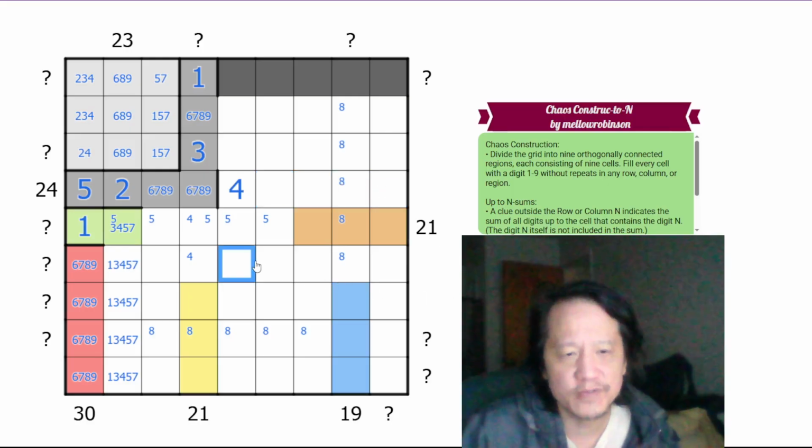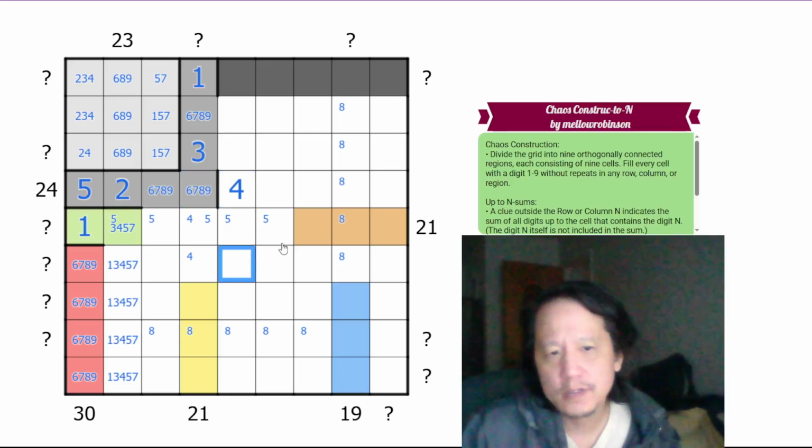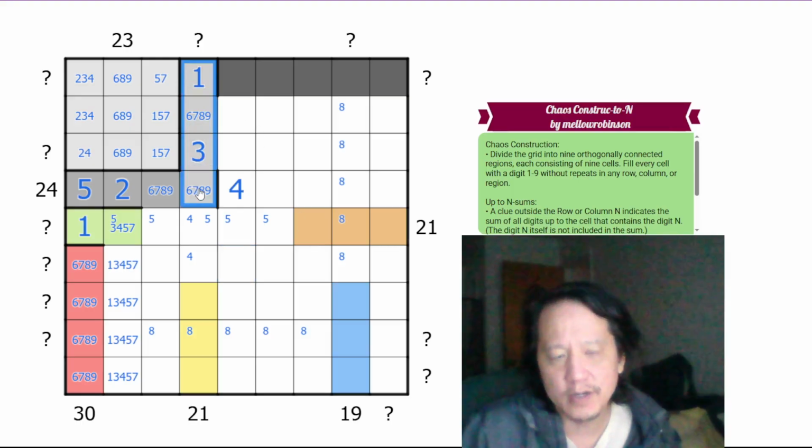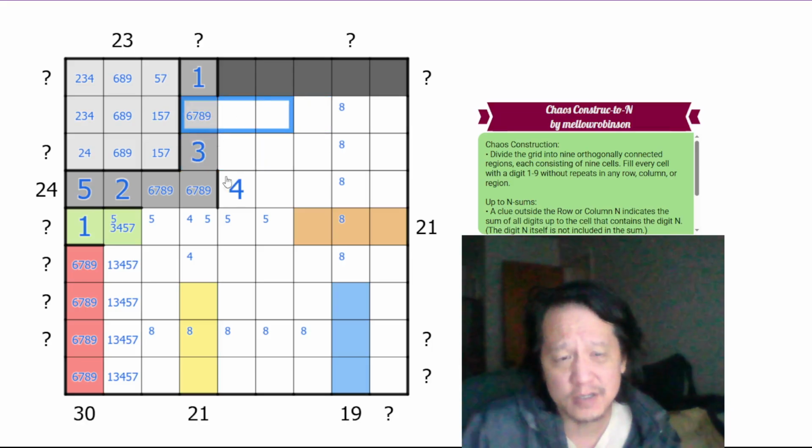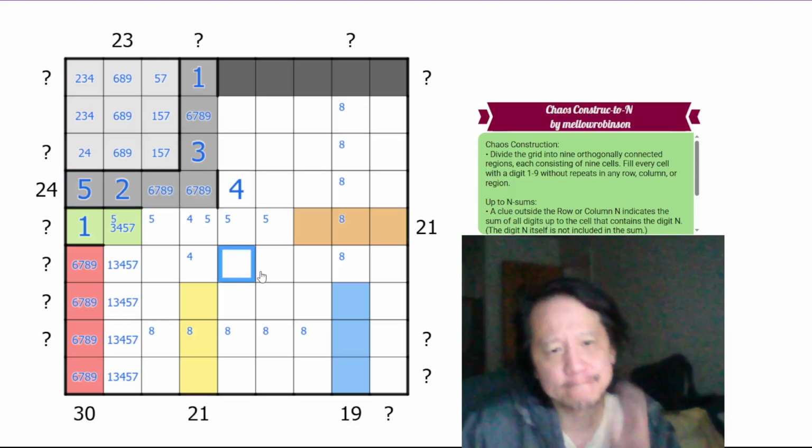So none of these can be 4, which means we need access to a 4. But this can't be, this is up until 4. Well, 4 can't be here. It could extend here, potentially. We need access to a 4 as the gray.